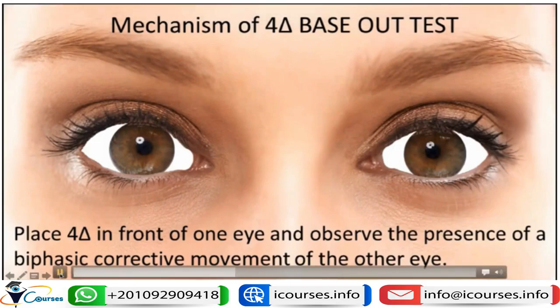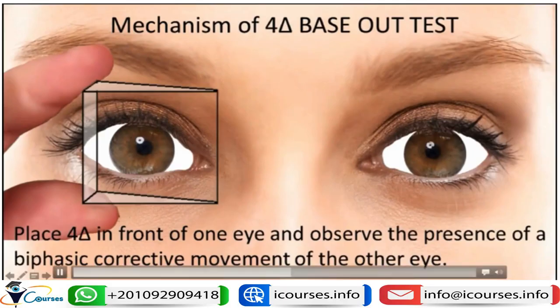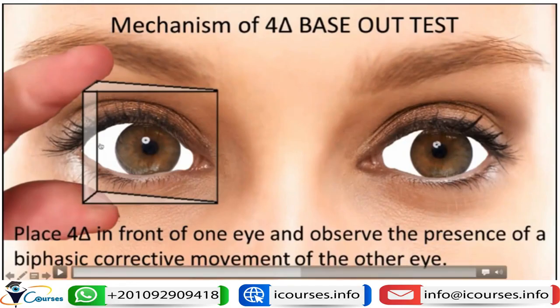So what happens if we put a prism that is base out in front of the right eye? I think you all said that the light rays will pass toward the base, while the image and the eye will move toward the apex.